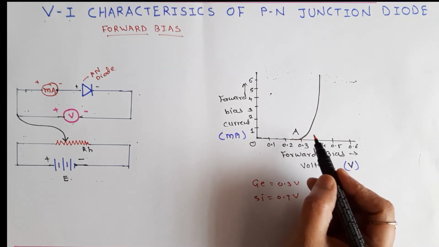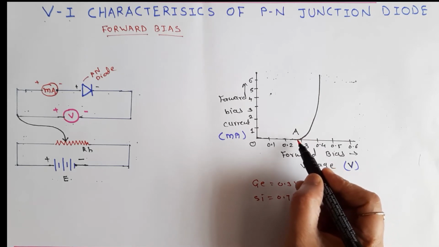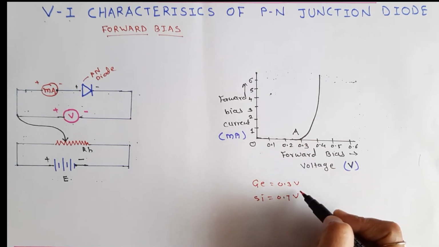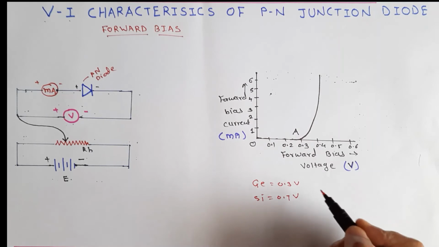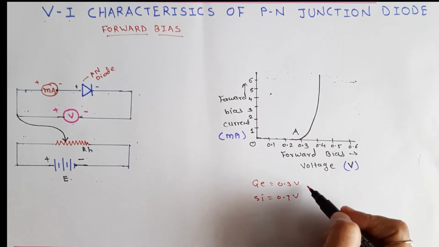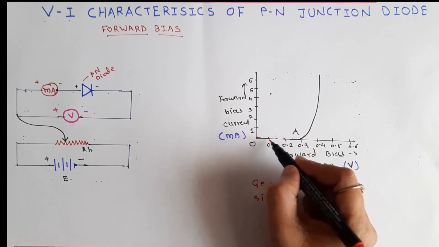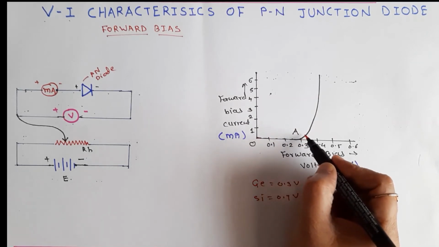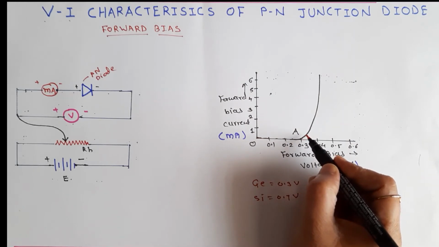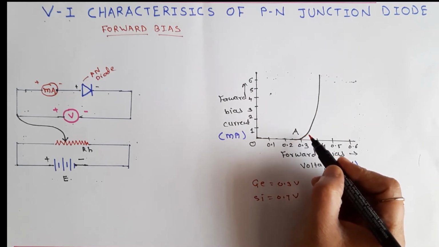This continues till the forward bias becomes greater than the potential barrier voltage. When it is greater than the barrier potential voltage, the forward current increases till point A in the forward characteristics, corresponding to the potential barrier.